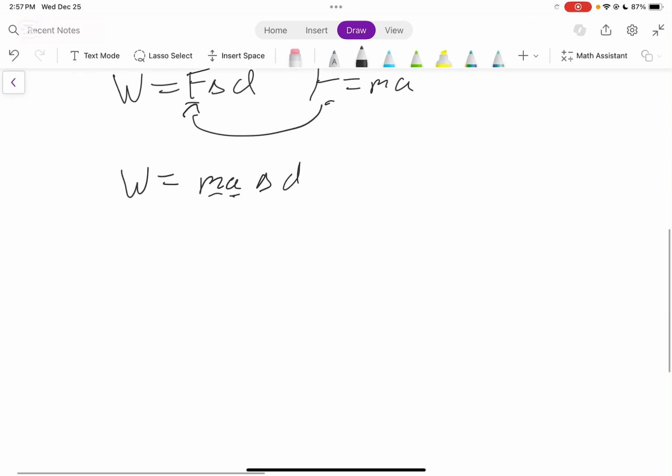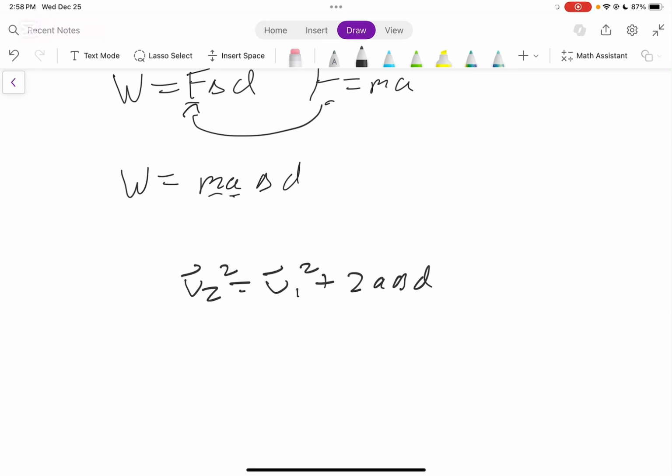Well, we can look for what acceleration can equal. Acceleration can equal many things. Acceleration can equal v2 minus v1 over delta t. There are a couple of other formulas that we can use for acceleration, but another one is v2 squared is equal to v1 squared plus 2a delta d.